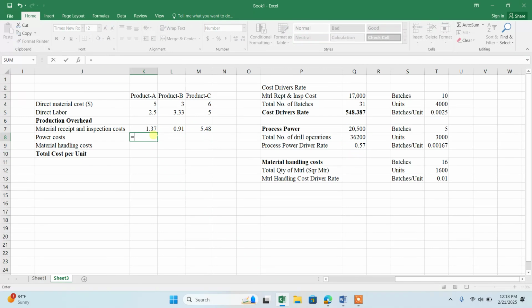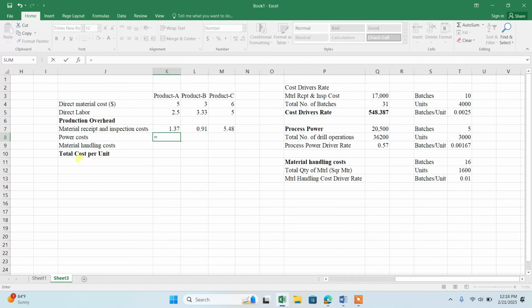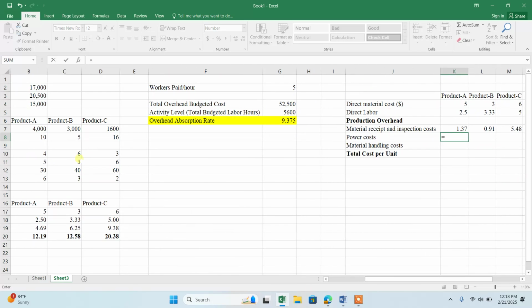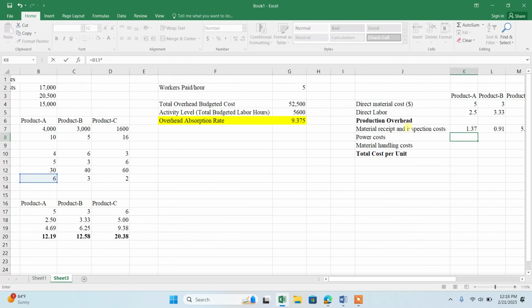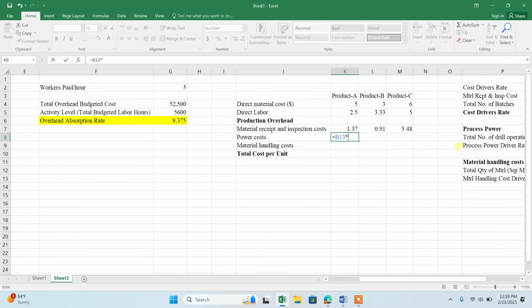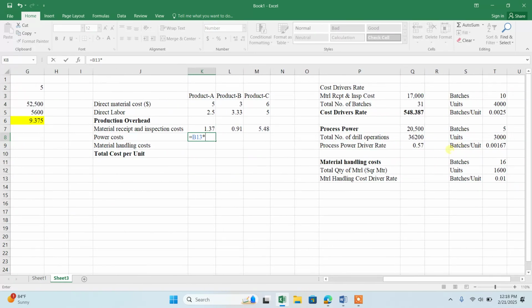If one drill costs this much, to produce one unit how many drill operations are required? Six required for one unit, and one power drill costs me 0.57.